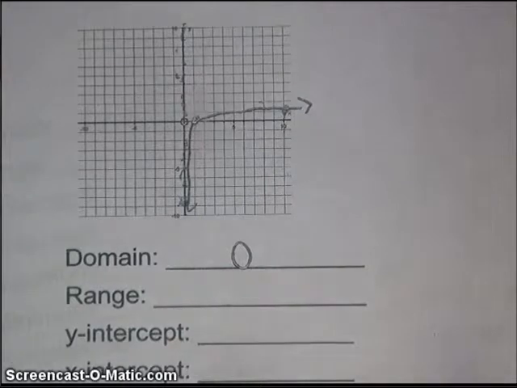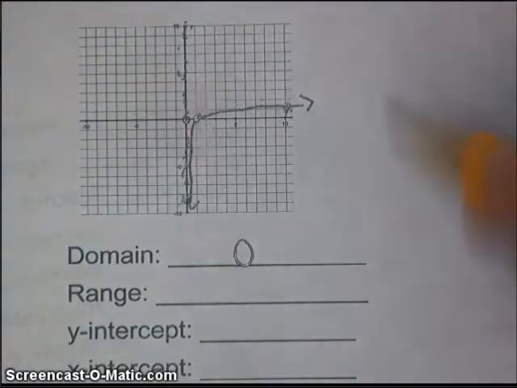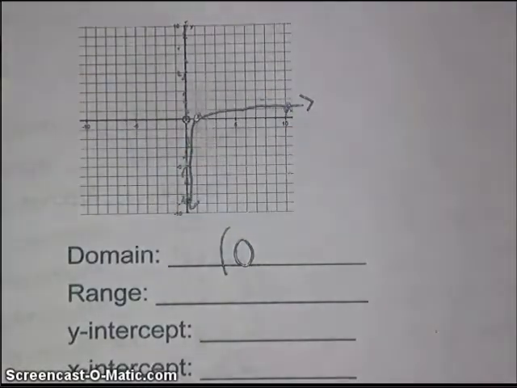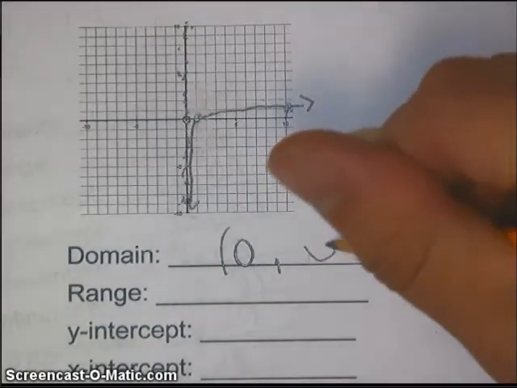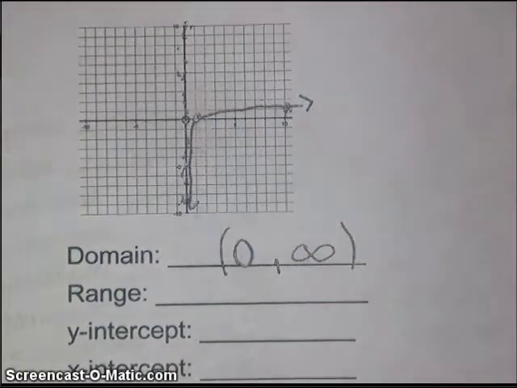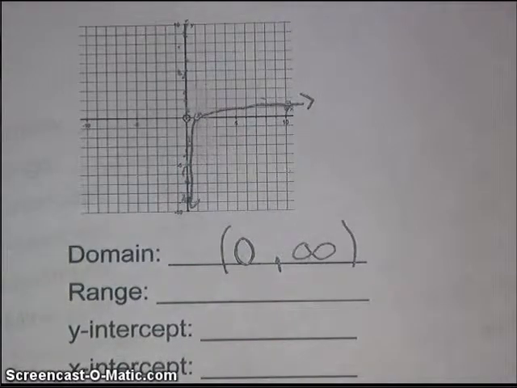So is that inclusive or exclusive? It gets really, really close to 0, but doesn't quite get there, so that's exclusive. How far right does it go? Well, it pretty clearly goes out to the right forever. So both of those are exclusive.